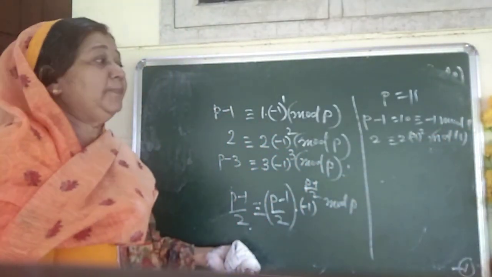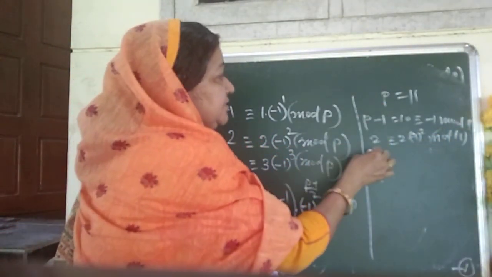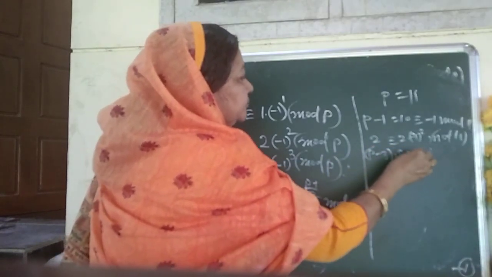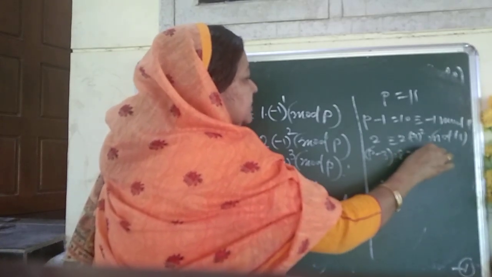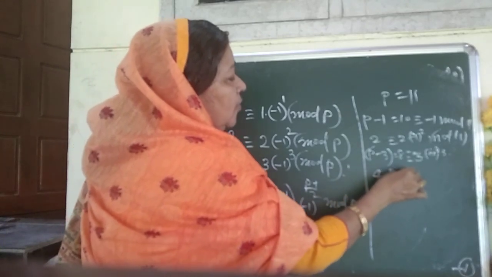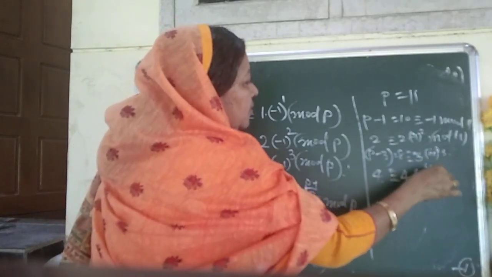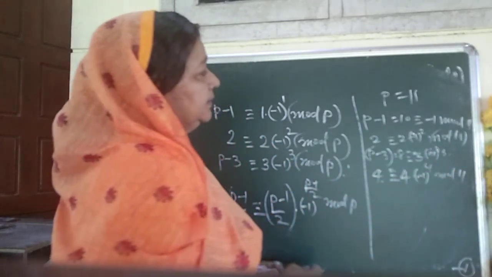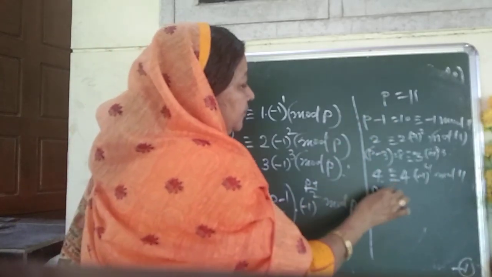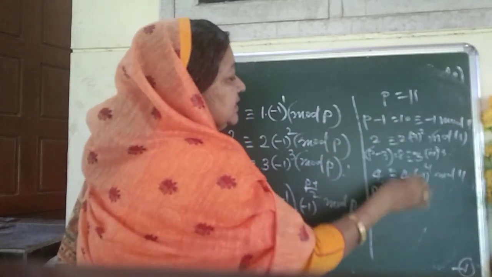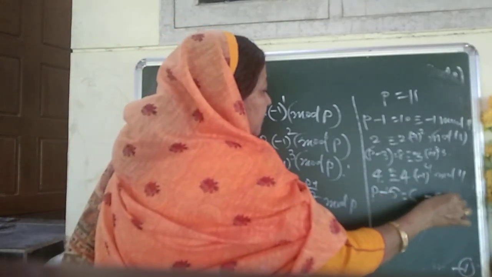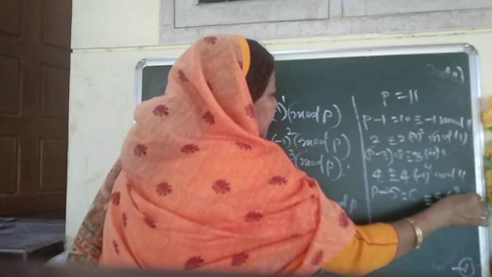Then p minus 3 is 8, which is also congruent to 3 times (-1) raised to 3 modulo 11. Then 4 is congruent to 4 times (-1) raised to 4 modulo 11. Then p minus 5 equals 6, and 6 is congruent to 5 times (-1) raised to 5 modulo 11.